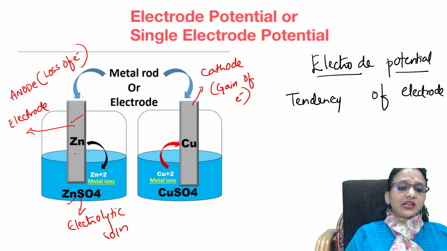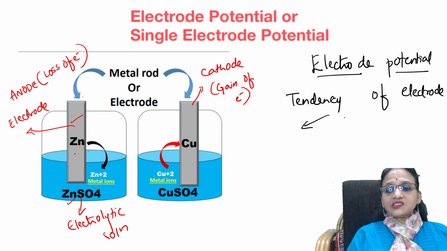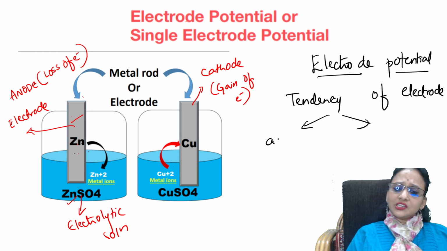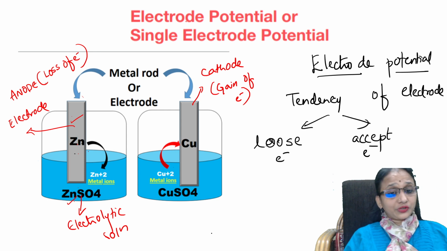What is the electrode doing? Either the electrode is losing electrons, or it is gaining electrons. So a tendency of an electrode to either lose electrons, or a tendency of an electrode to accept electrons, this is called electrode potential.